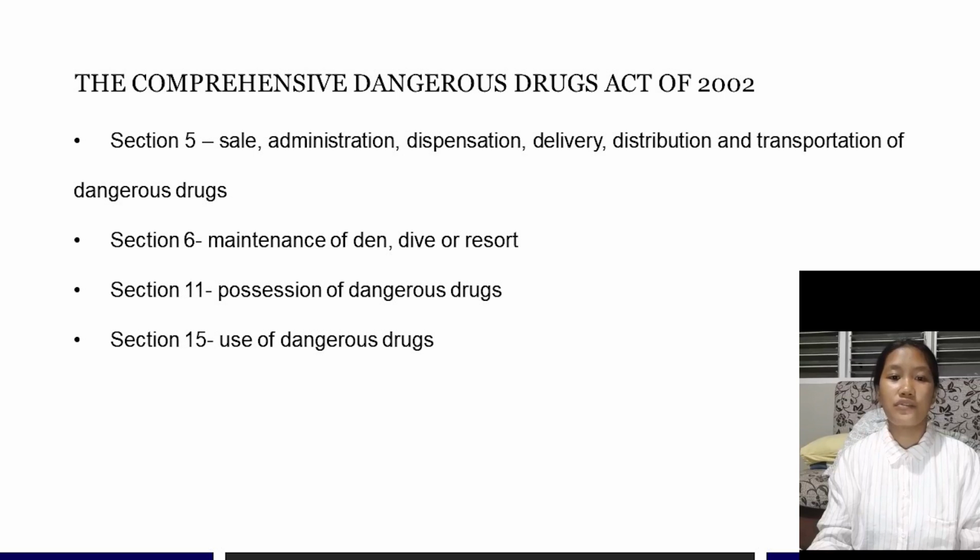Otherwise, if the quantity involved is less than the foregoing quantities, the penalty shall be graduated as follows.